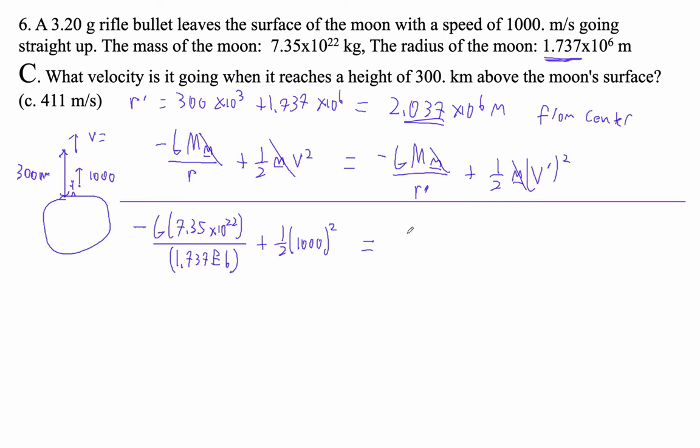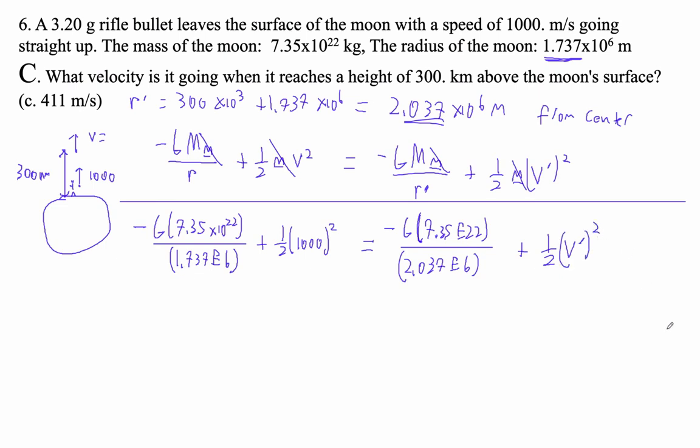That's going to equal minus G times 7.35 E22 divided by this guy, 2.037 E6, plus 1/2 v prime squared. We're solving for that guy, the velocity.